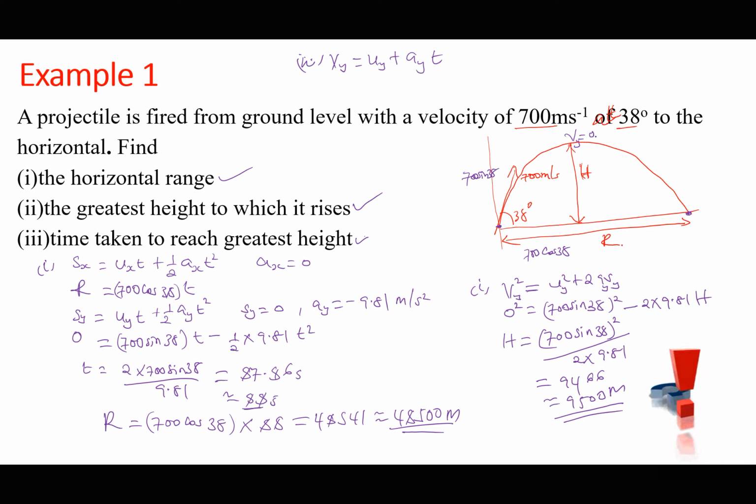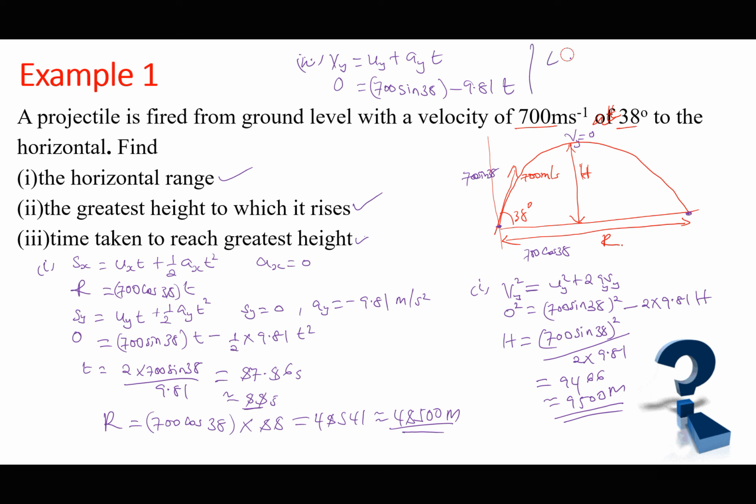But at the highest point, v is 0. So 0 equals the initial velocity in the vertical, 700 sine of 38, plus, but this becomes negative because it's moving against gravity, so minus 9.81, then times t.